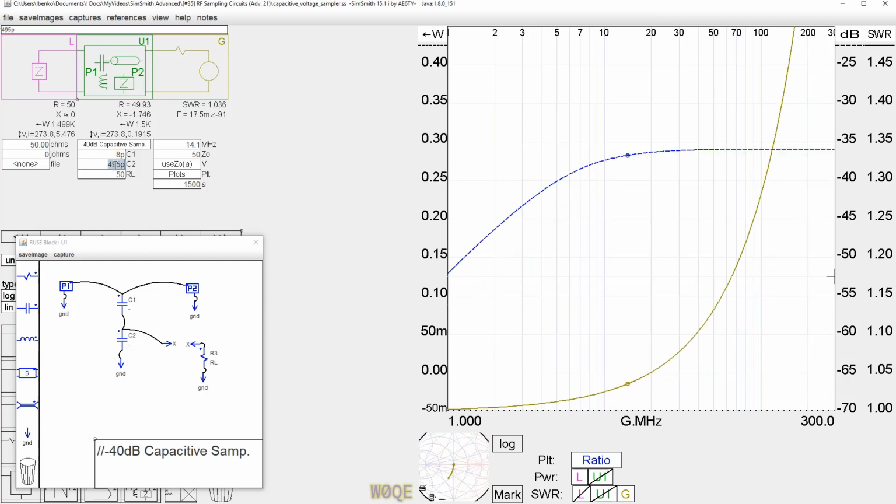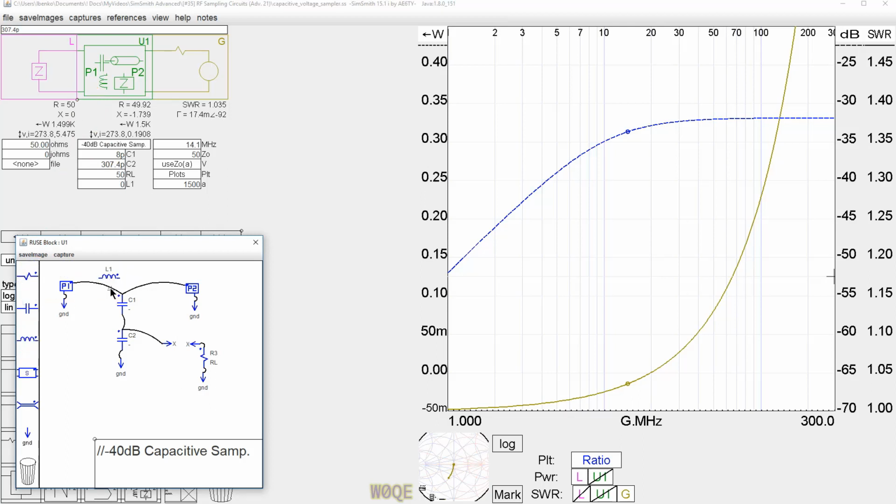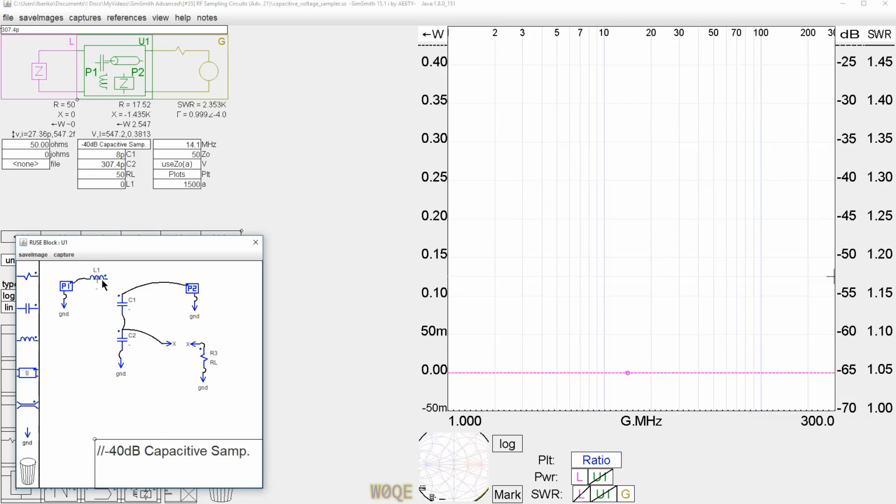It's going to be a different value than it was before. But what we're going to do is compensate for the SWR by having some length of wire in series with the components inside, or think of it as a transmission line as we did before. But I'm going to do it right now as inductors.